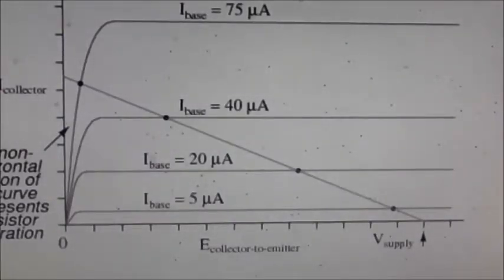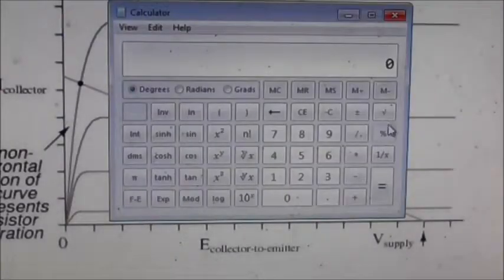Now, let's put a bit of maths in here, because what we know we've got in there is a 10k resistor, and we also know we've got a 9 volt supply, and according to Ohm's law we have 9 over 10,000, and that will give us our current.